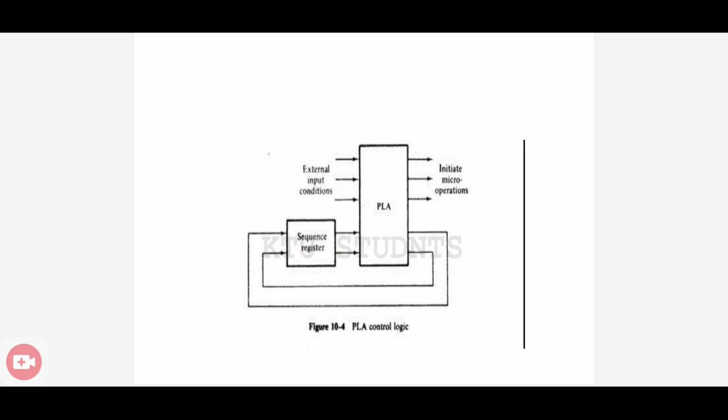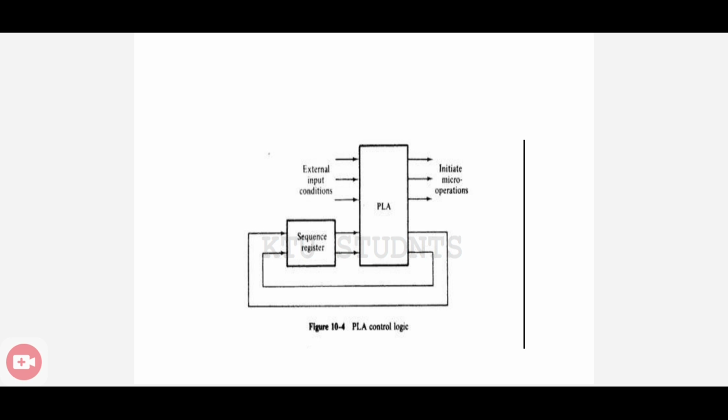What do you mean by a micro operation? A micro operation is an operation that is performed on the data present in the registers. So the output of the PLA is micro operations, and it accepts external input conditions as well as the output of the sequence register. PLA is actually an LSI device, so it can implement any complex combinational circuit.